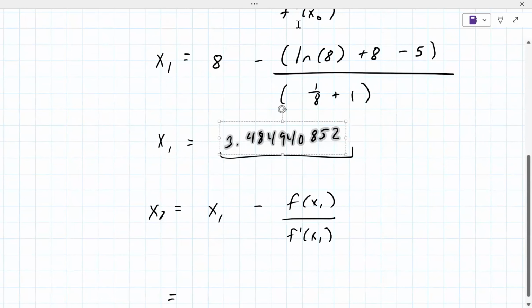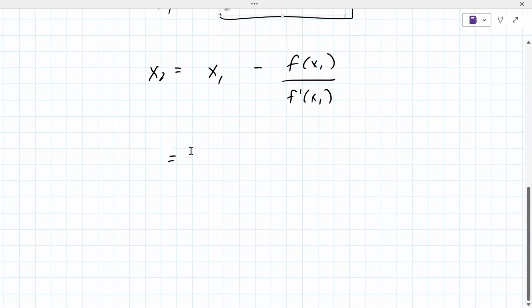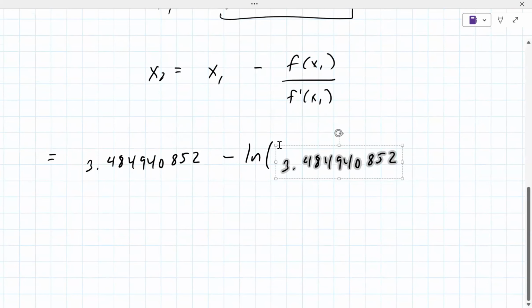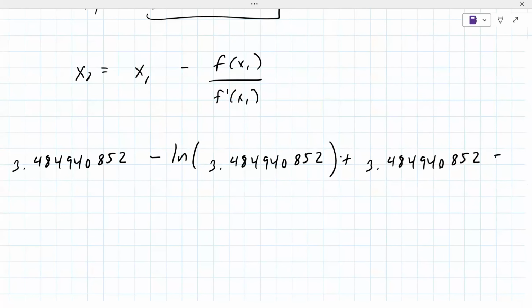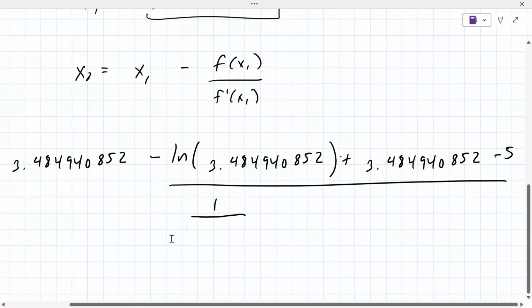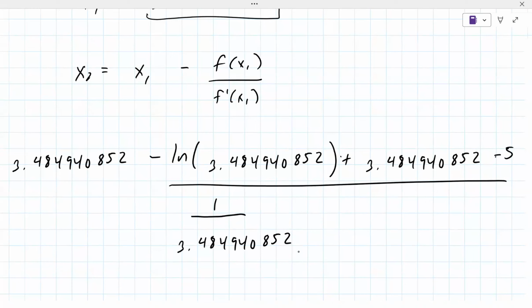What I mean is, it's going to need a lot more room: this number minus natural log of this number plus this number minus 5, all over 1 over this number plus 1.